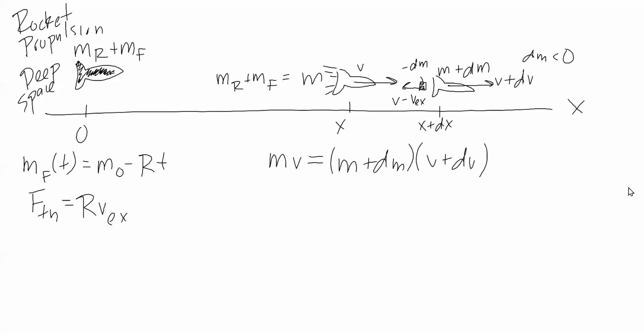And then plus another momentum, which is minus dm times (v minus v exhaust). It doesn't matter that the dm comes second, technically, but in the spirit, always put dm on the far right-hand side when you're doing stuff like this, because you eventually want to integrate.